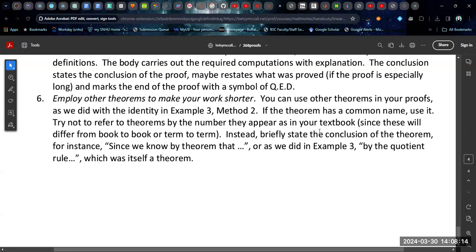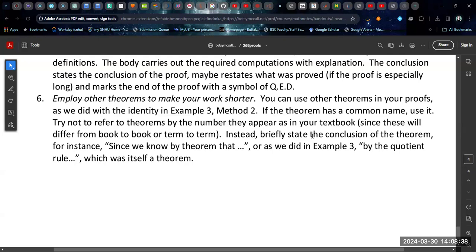Usually that's enough information for people to understand what you're trying to get at. But use those as a way to establish facts, and again, not so that you don't have to reprove the results. You can use and invoke those theorems in order to make your work more concise.